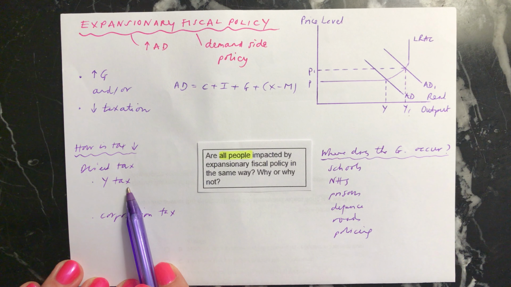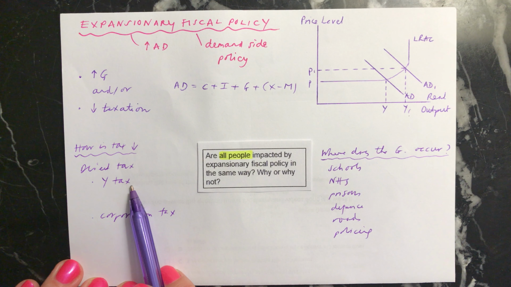If you're talking about income tax for individuals, are they going to decrease the rate of income tax for all bands? So will it be for everybody who is at the moment paying income tax? Will the amount of income tax that they pay be decreased? Or will they just decrease the amount of income tax that's paid for people in the lowest band, so the people on the lower incomes? Or will they decrease income tax for people in the highest bands who are getting the highest pay? So will everybody be affected equally by this?